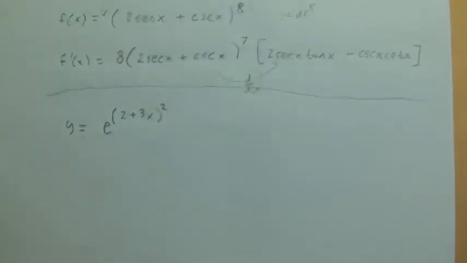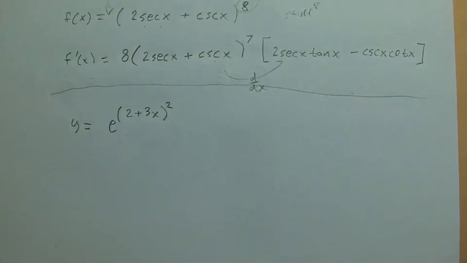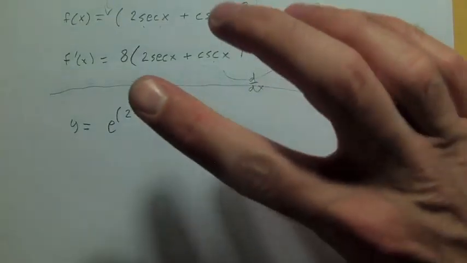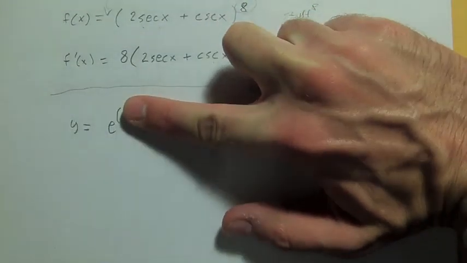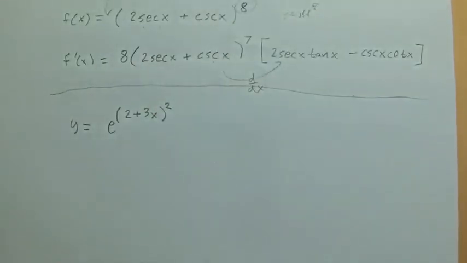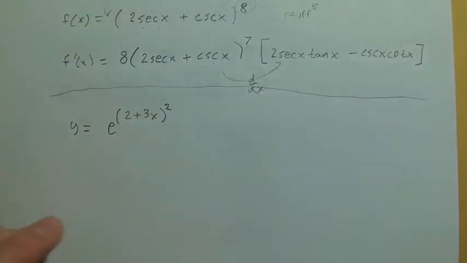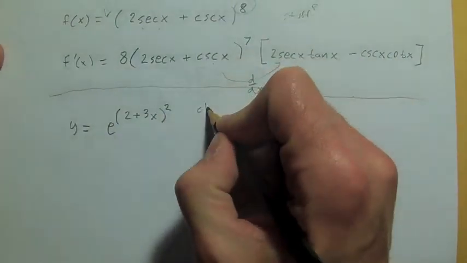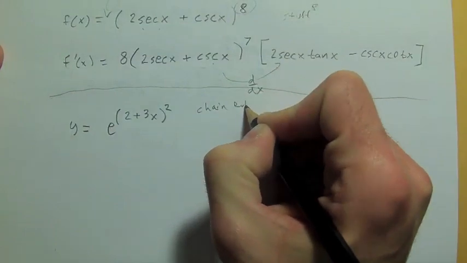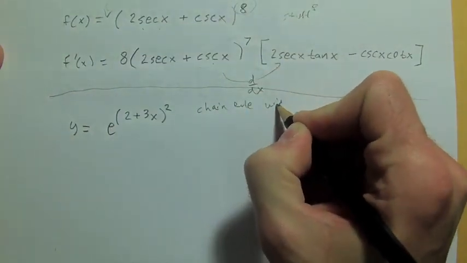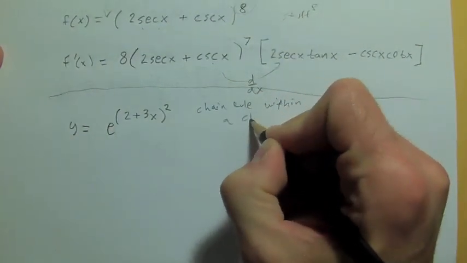Now this one you might think is a little tricky, but this is just e to the stuff. And what you're going to end up finding when you calculate this out is it's actually a chain rule within a chain rule. That can actually happen sometimes. So this is a chain rule within a chain rule.